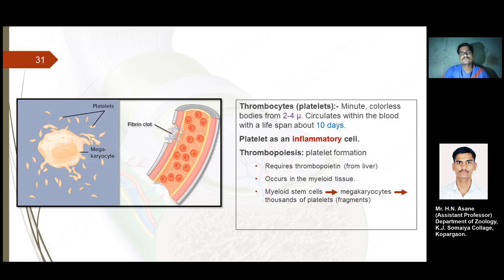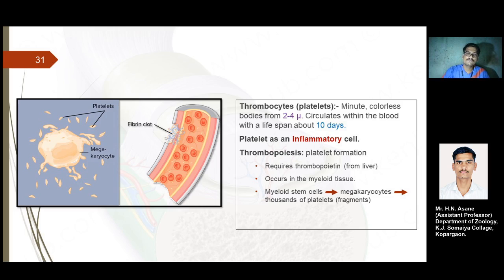Thrombopoiesis is the process that occurs if any artery gets ruptured and blood is oozing out from that artery. The platelet formation is known as thrombopoiesis, and the blood clot, or fibrin clot, forms there to stop the blood flow.